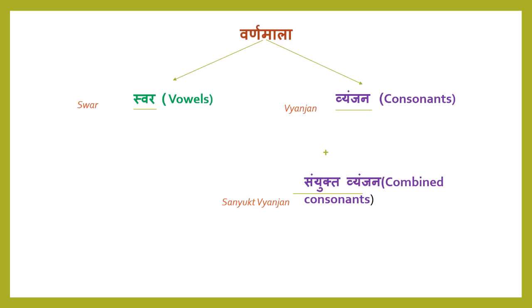Now, how can you pronounce Vyanjan? You can break this word in two parts, V-Y-A-N, Vyan, and J-A-N, Jan, Vyanjan. Similarly, Sanyukt Vyanjan also, for Sanyukt you can break the word in two parts, S-A-N, San, Y-U-K-T, yukt, Sanyukt Vyanjan.